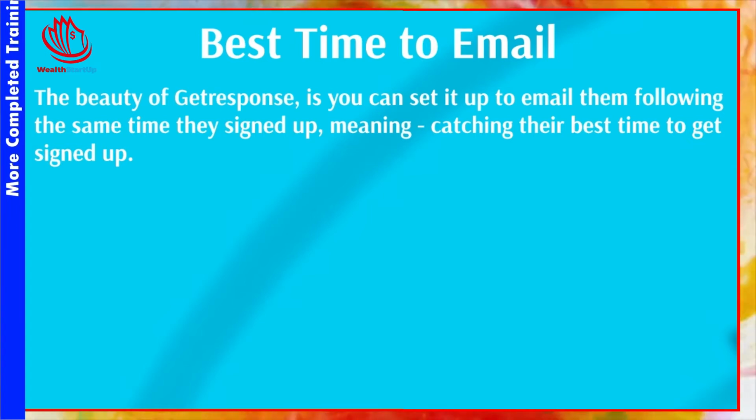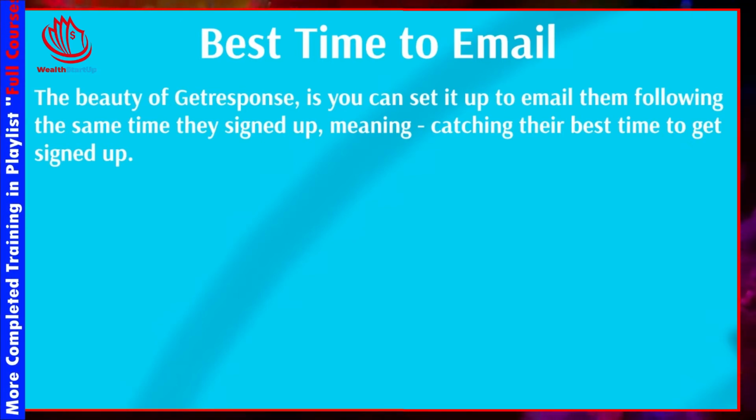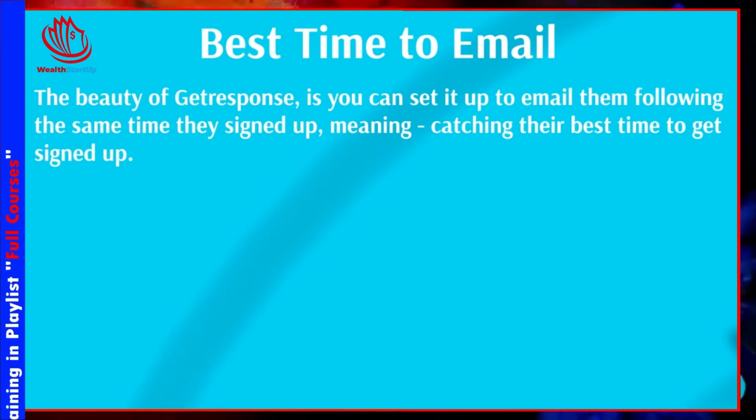You can set it up so that they receive an email every day, every other day, or once a day, and then you skip 2 days, and then you go 3 days. Or you can even set it up so that you only email them during Monday through Friday and you skip Sunday and Saturday.